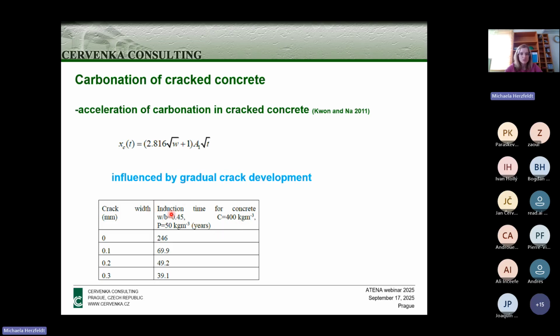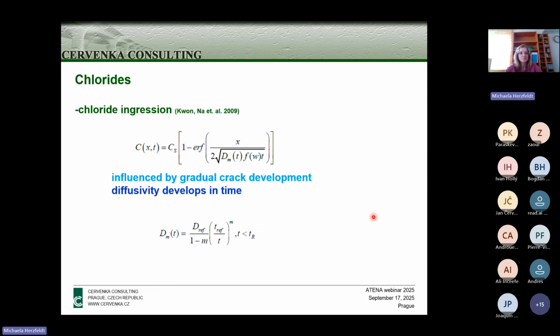There is this induction time, which is the time when the corrosion can be triggered in the structure. When the crack width is 0, so there are no cracks, the induction time can be 246 years before any corrosion starts. But as you develop crack width and get to 0.3 millimeters, it can drop to 39 years. So it can have a really big impact on the service life.